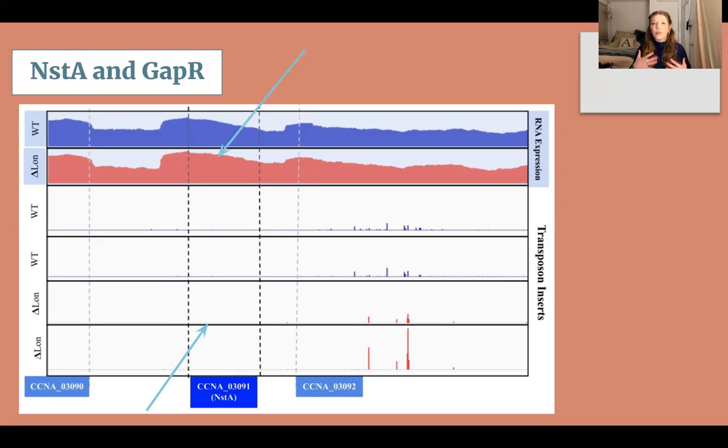We're also seeing that there might be a slight upregulation in the RNA sequencing data, as in there's more expression in a delta lon mutant, and we don't really know why. We have increased levels of DNA replication activity, so you would think you would have increased supercoiling, increased decatenation needed, and therefore increased topo4 needed, but instead NstA is increasing and inhibiting topo4.